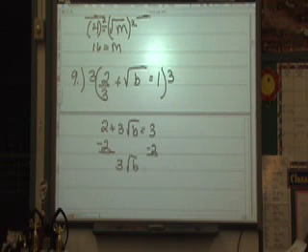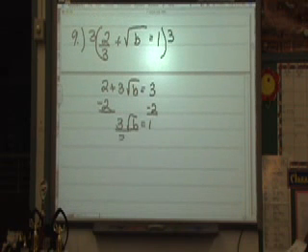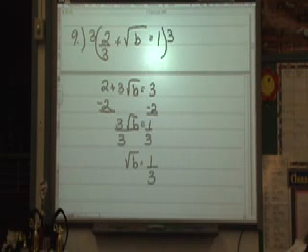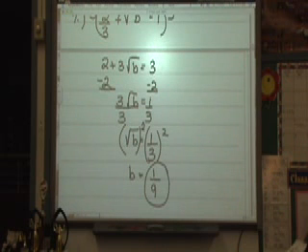We have 3 radical b equals 1. Divide by 3. We have the square root of b equals 1/3. Square both sides. And b, 1 squared is 1, 3 squared is 9. The answer is 1/9.